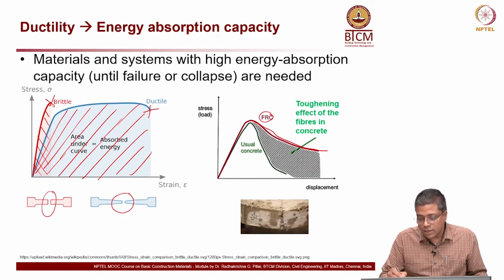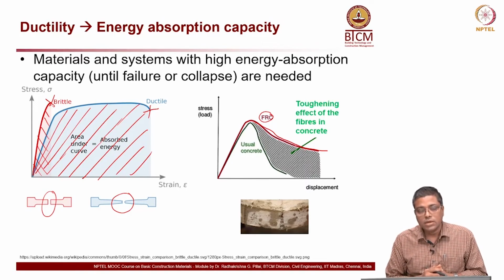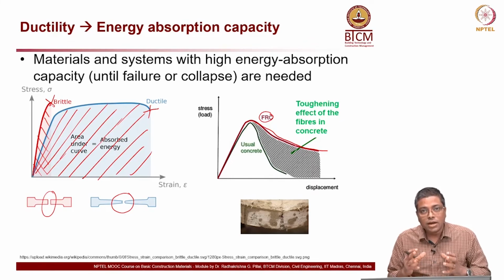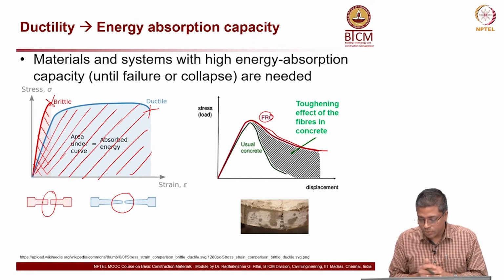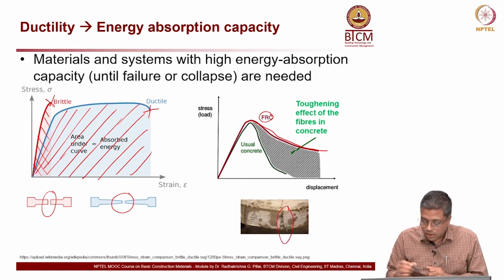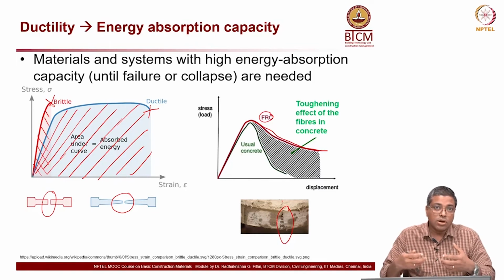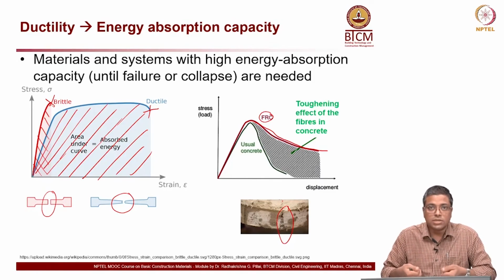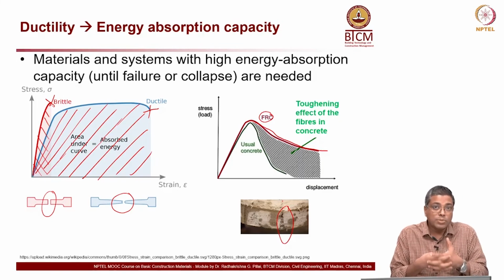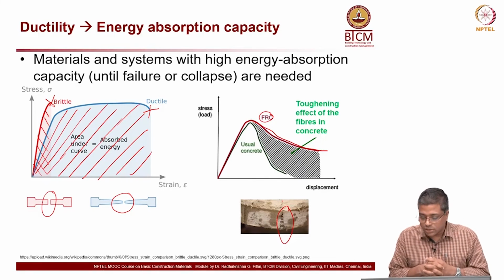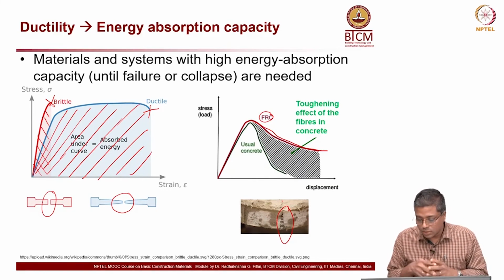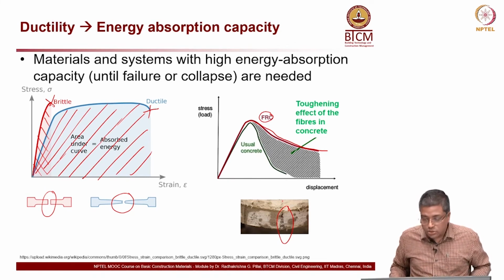This shaded region, the black hatch which you see, is the additional energy which the fiber reinforced concrete is able to absorb. You can see here a photograph showing the fibers inside the concrete which get stretched and are able to absorb more energy before the concrete system fractures or fails. So the toughness of the concrete is higher, it needs more energy to break it.